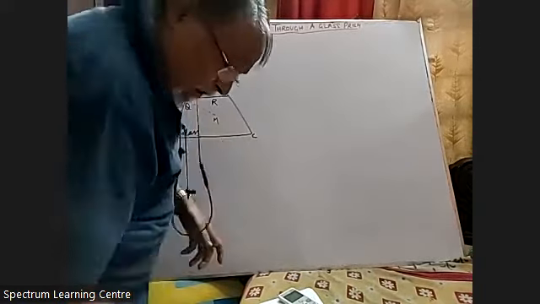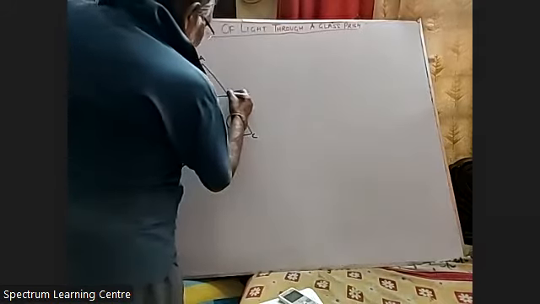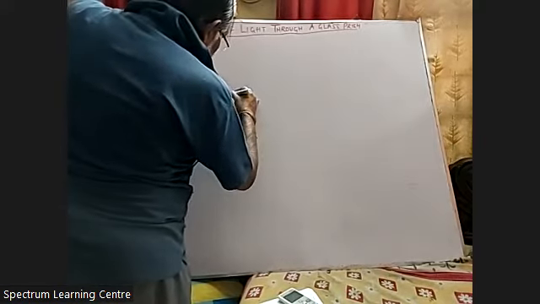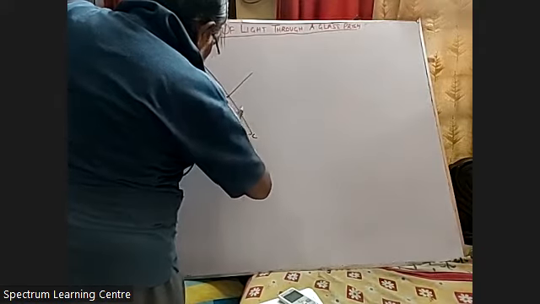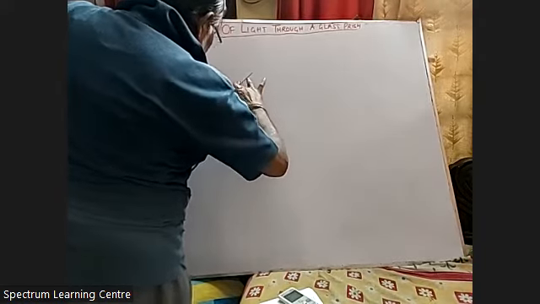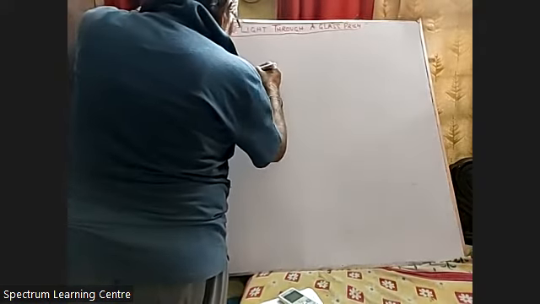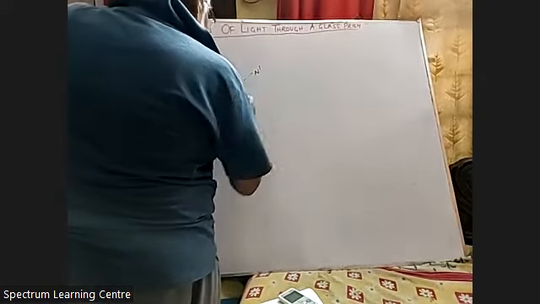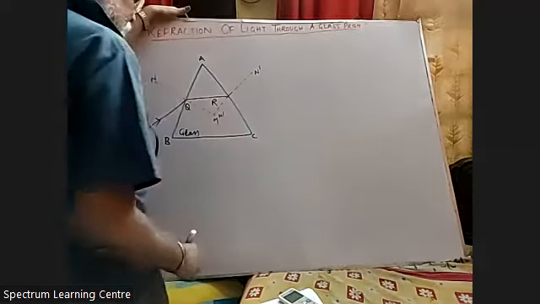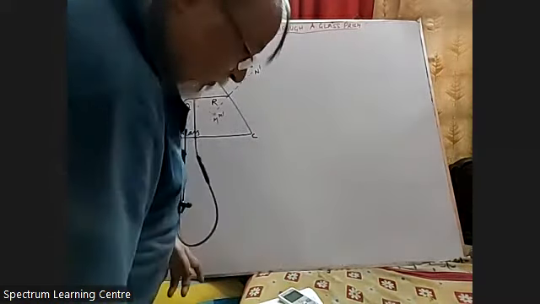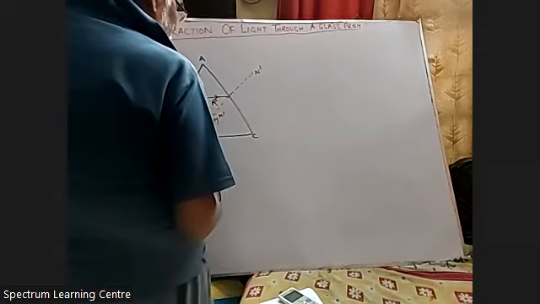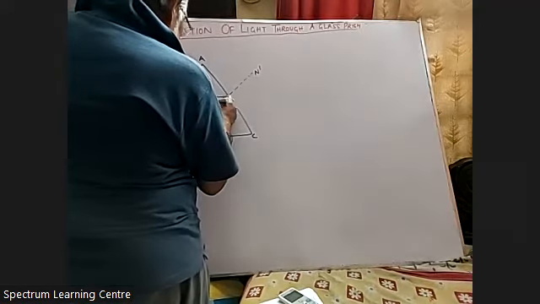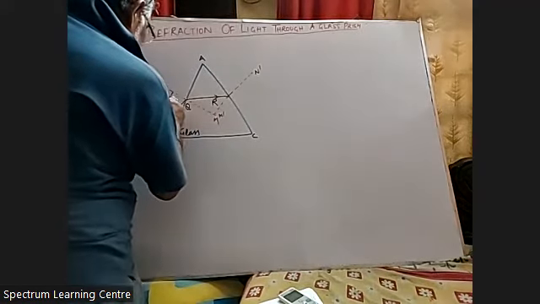So we'll have to draw another normal here also, and we'll call it NM dash. Now this is your angle of incidence.